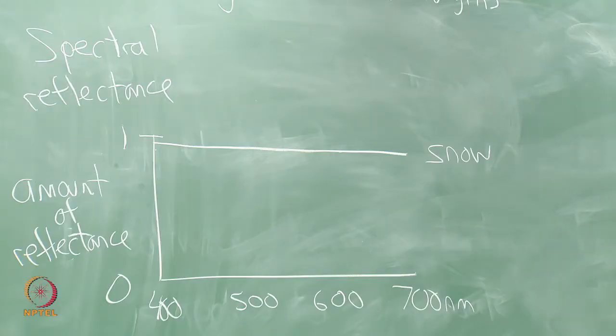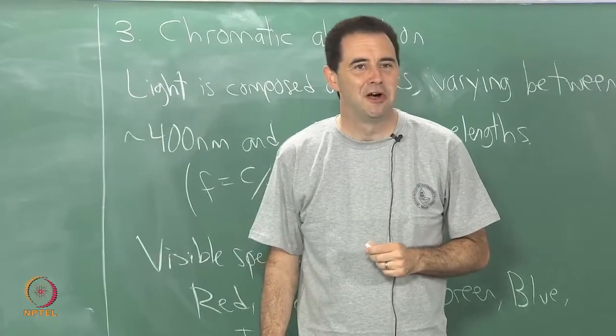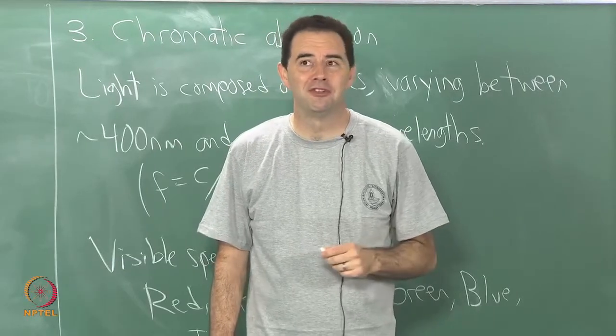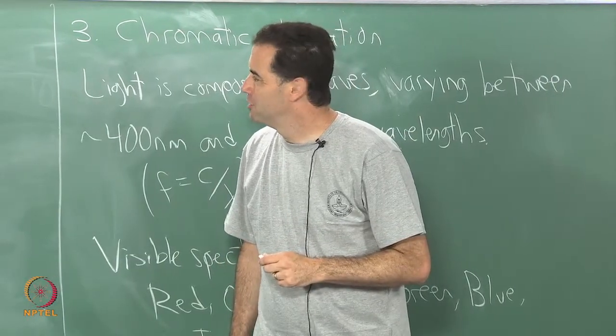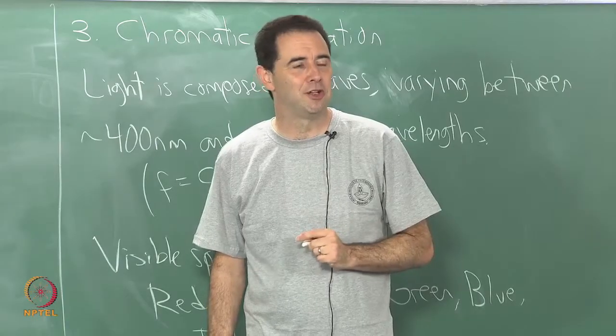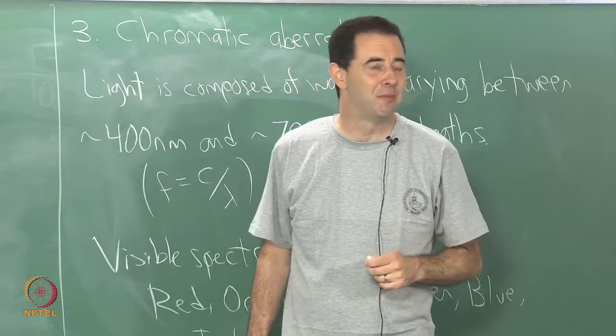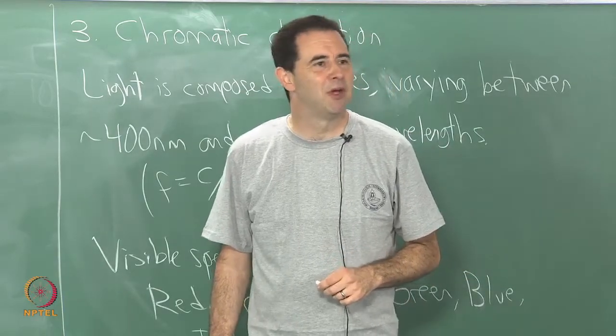How's that, right? So snow generally looks very, very white. It pretty much reflects everything very nicely, right? But it is not a specular reflection, in that when I look at the snow it does not look like a mirror. It's a diffuse reflection, but it tends to not look like it's some special color, right?